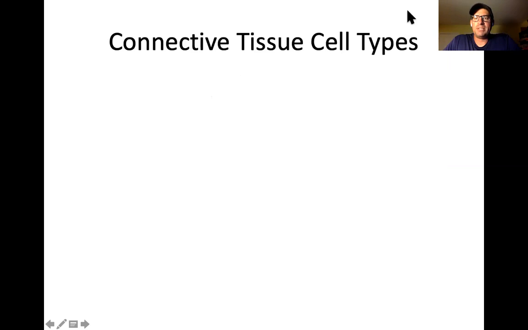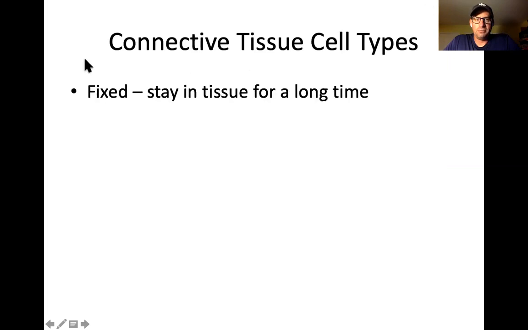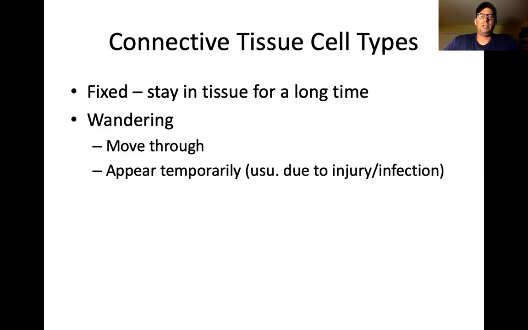The types of cells we're going to find in the connective tissue. There are some that are fixed, so they stay in the tissue for a long time. And then there are others that are wandering, that kind of move throughout the tissue. They show up temporarily, usually due to injury or infection. They move into the area, they help clean out the injury or infection, and then they leave to go help somewhere else.